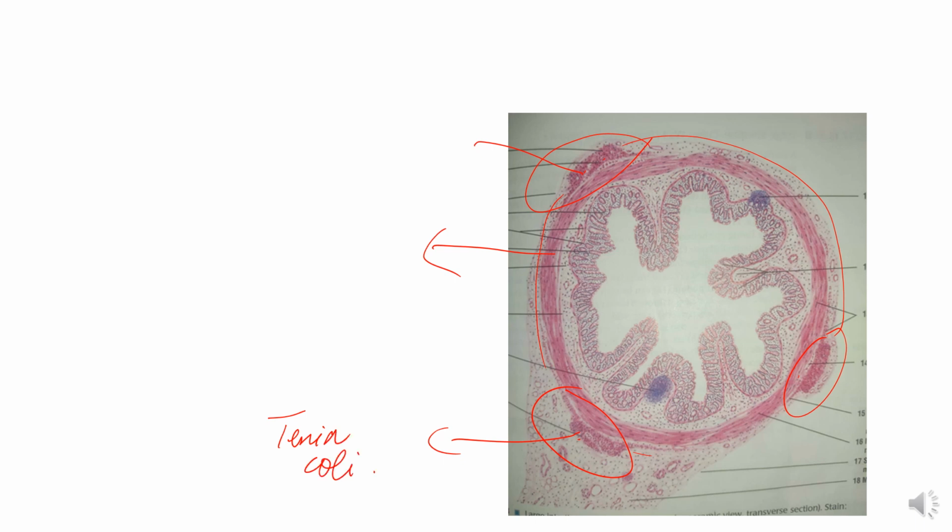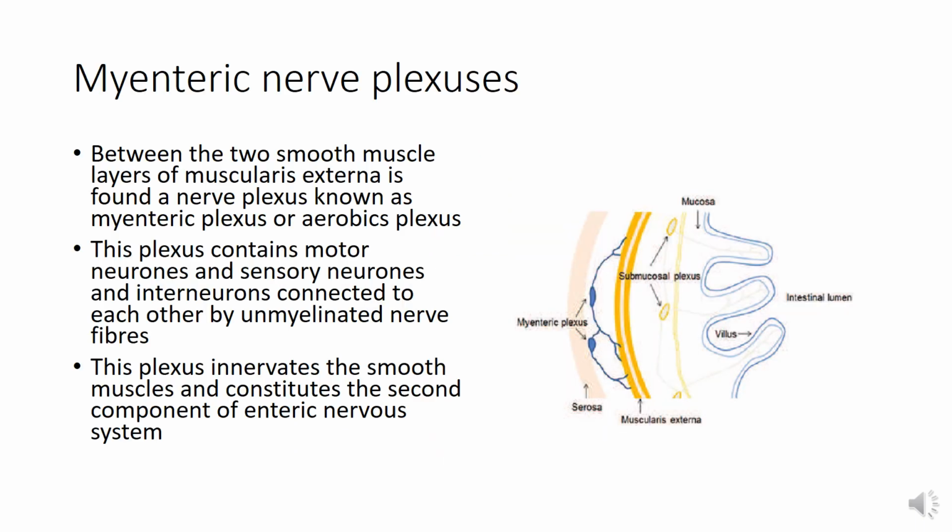We will study them when we study the colon, but here I want to show that the muscularis externa can be arranged in 2 layers: inner circular, outer longitudinal. Can be arranged in 3 layers: inner oblique, middle circular, outer longitudinal, and the outer longitudinal layer can be present in the form of bands called the taenia coli in case of colon.